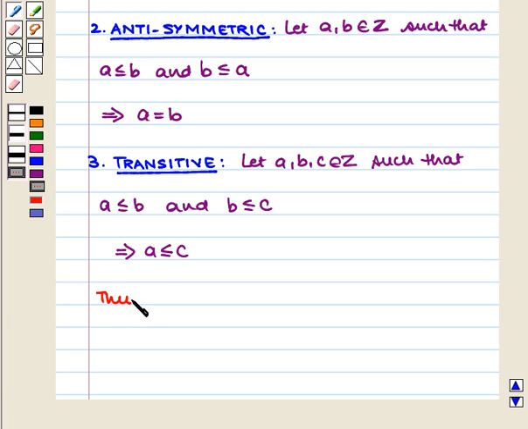Thus, the less than or equal to relation on the set of integers is a partial order.